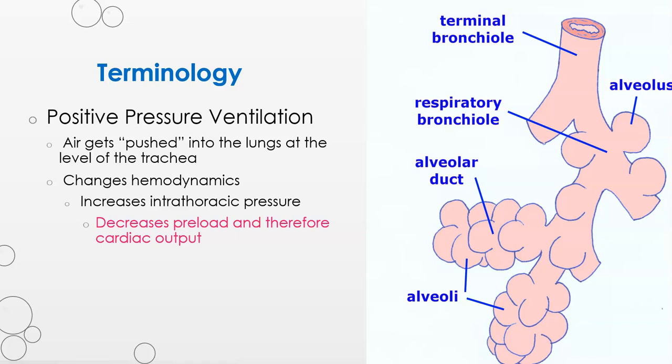One complication of positive pressure ventilation is that it increases intrathoracic pressure, putting pressure on the vena cava, thereby decreasing preload. Careful monitoring of blood pressure is extremely important when initiating this form of ventilation, and this includes PEEP, which we're going to discuss later in this video.